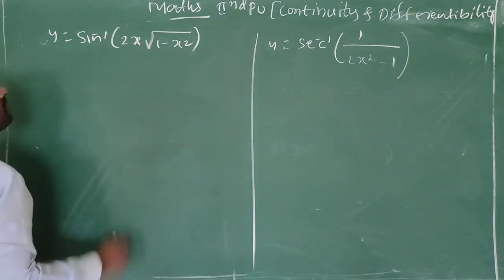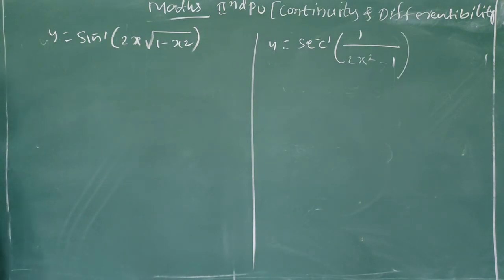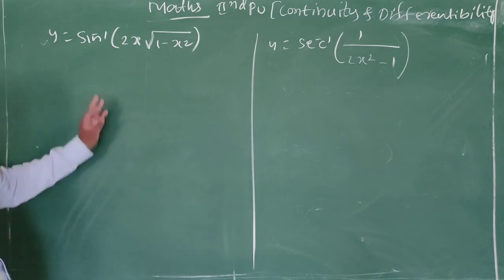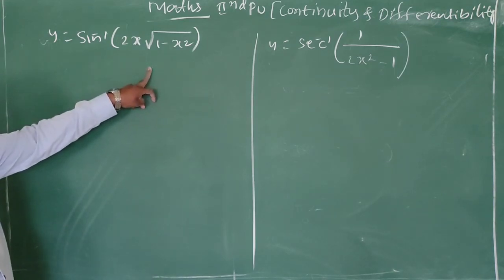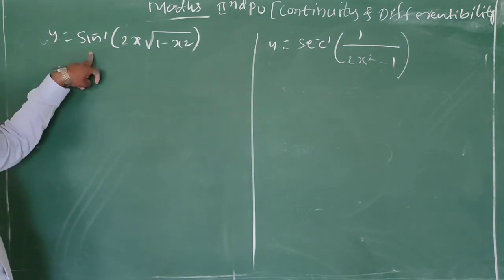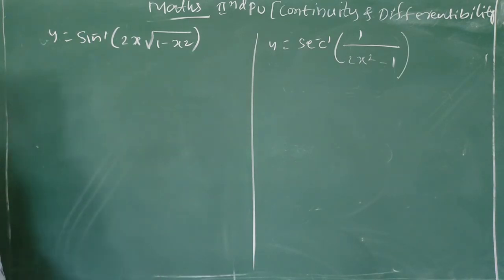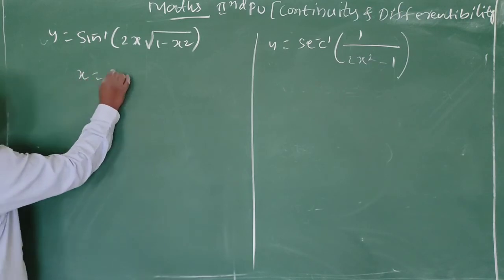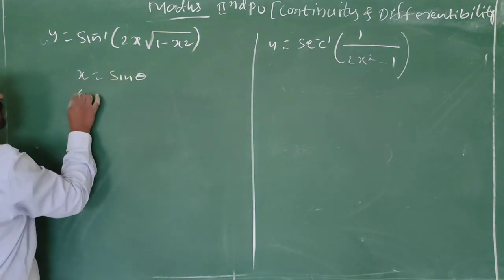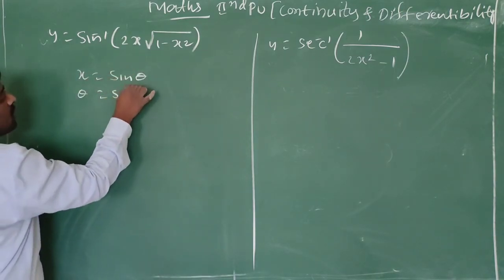So here we can't take x is equal to tan theta. Suppose you take x is equal to tan theta, it will not cancel sin inverse. So that's why put x is equal to sin theta, theta is equal to sin inverse x.